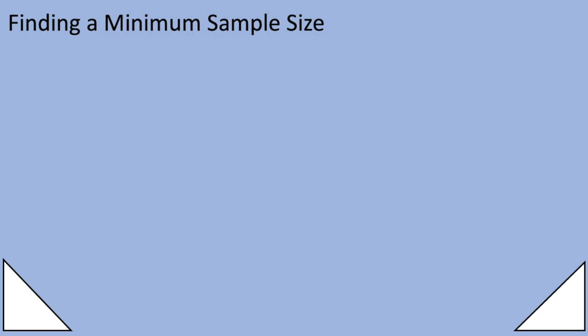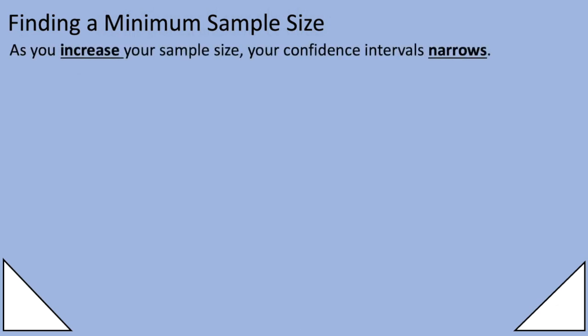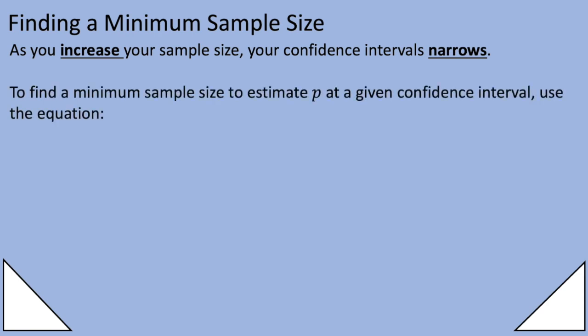Finding a minimum sample size. Now remember, as you increase your sample size, your confidence interval narrows. And we want to know the smallest sample size we can have that still gives us accurate results. So to find a minimum sample size to estimate P at a given confidence interval, we're going to use this equation.